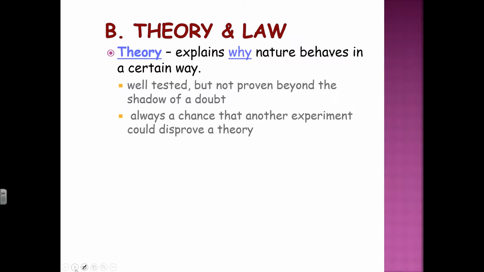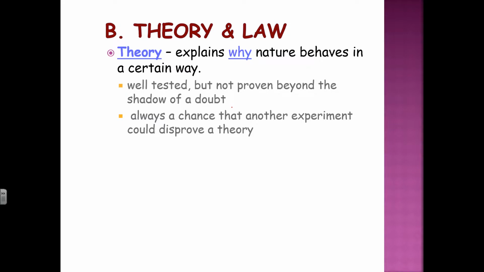In other words, there's a chance that somewhere in the future, as more knowledge is gained, as more testing is done, and as technology is improved, scientists may be able to answer even better, and they may have to reformulate that theory.